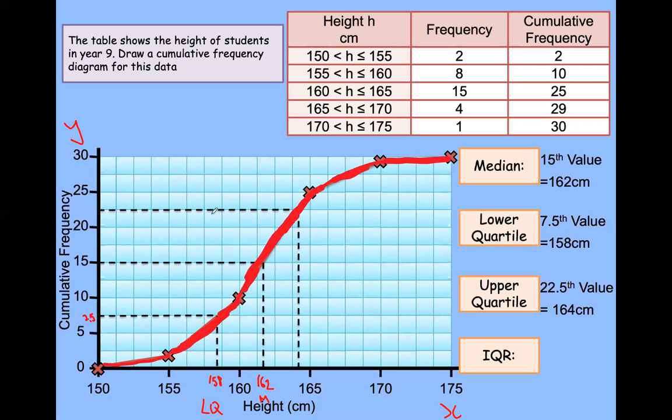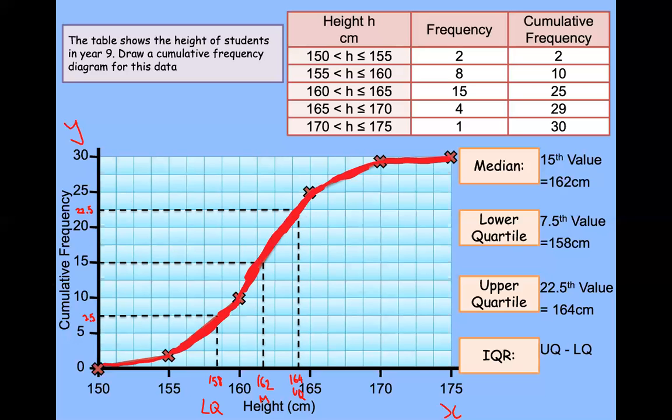So draw a line from 22.5 on the y-axis, and where exactly it intersects the cumulative frequency graph, you draw another vertical line to the x-axis, or the upper limit axis, and label it 164. So this is where the upper quartile is, this number here.